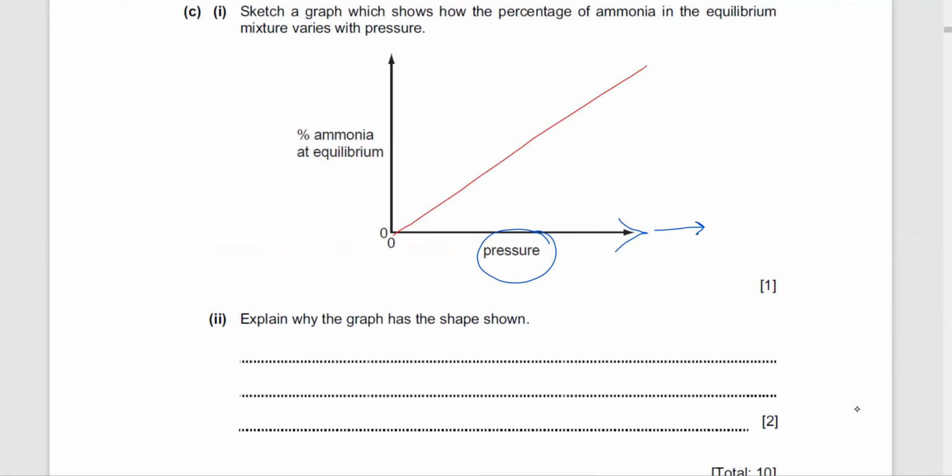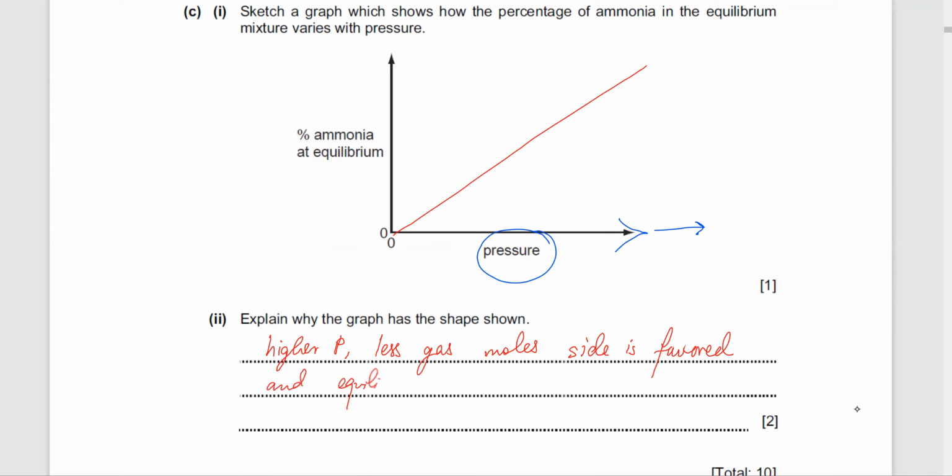And then he asks to explain this, so whatever is said about it is what's going to be written: higher pressure, so the side with less gas is favored, and equilibrium shifts to the right.